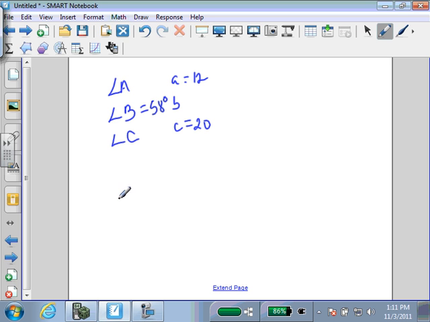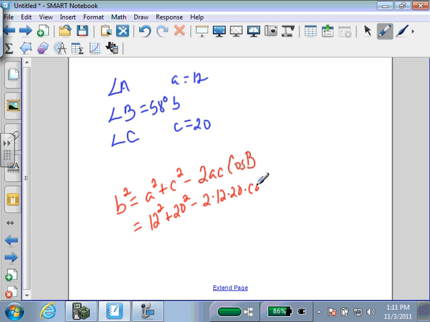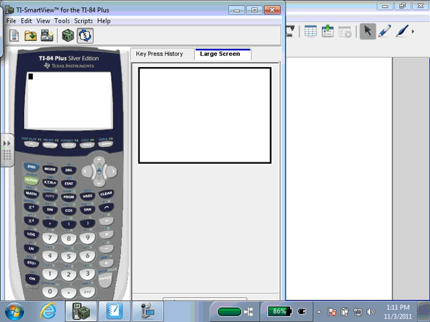The one we want says b squared is equal to a squared plus c squared minus 2ac cosine of angle B. So I'm going to type into my calculator 12 squared plus 20 squared minus 2 times 12 times 20 times the cosine of 58 degrees.